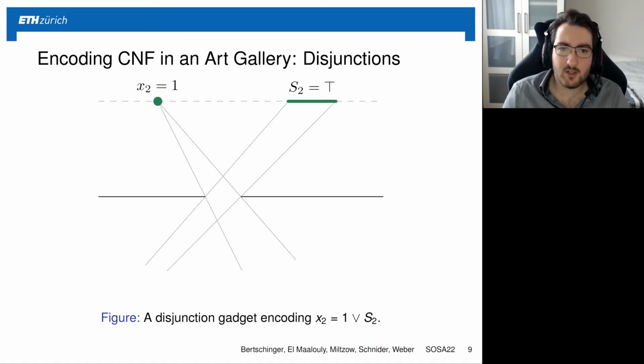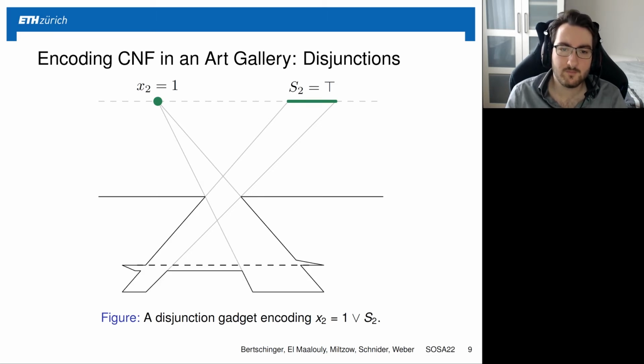And now on the bottom of the polygon, we make a small hole into our border, and this is kind of the hole of a pinhole camera. And we draw our visibility lines from our green areas through this hole. And on the bottom, we then draw this gadget. And this gadget is shaped in such a way that, first off, we know that there needs to be an additional guard in there, because there needs to be a guard on this dashed segment. And also, this gadget has 2 corridors on the bottom.